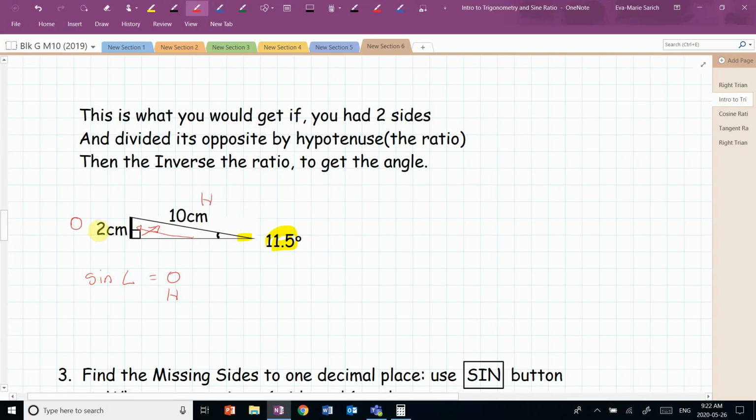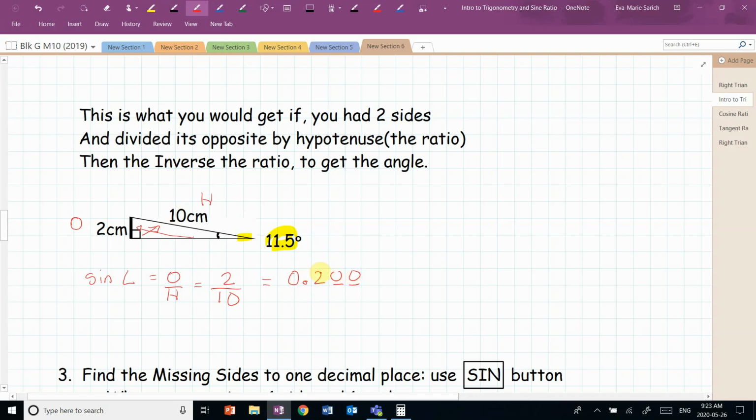Here, if we have the opposite side being 2 and the hypotenuse being 10, if we take 2 and divide it by 10, what we end up with is 0.2. Add 2 decimal places and we get 0.200. So that's the ratio.